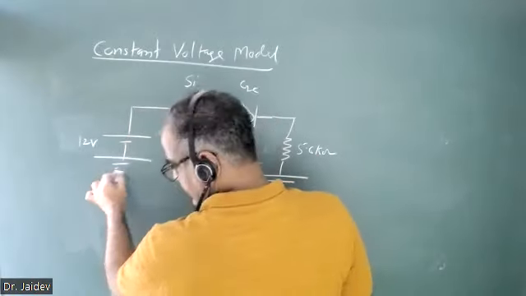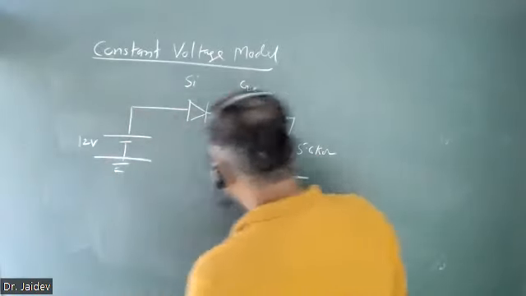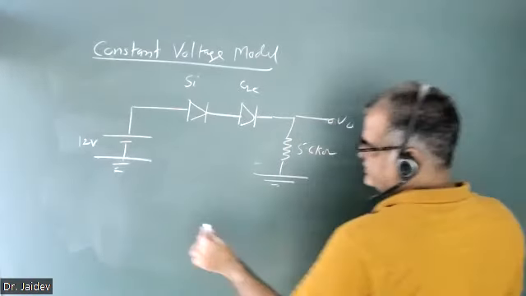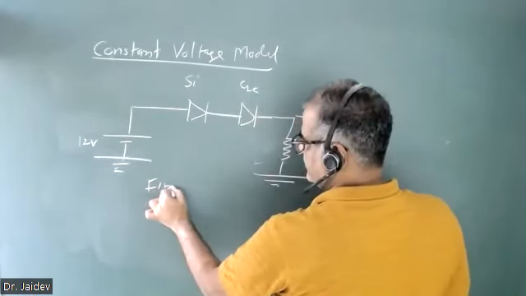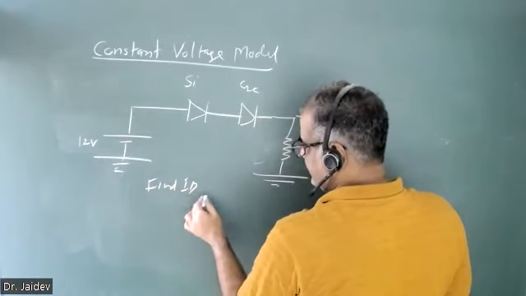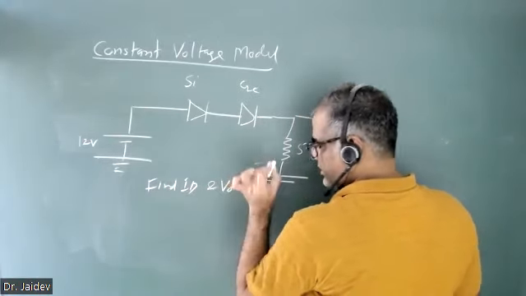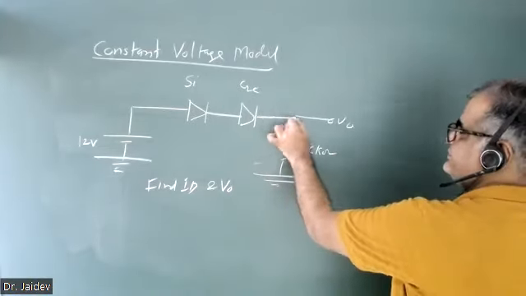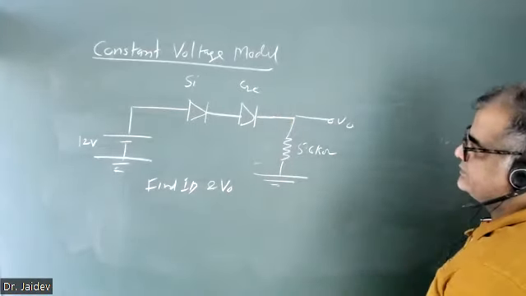So again, we are saying find ID and V naught. You have to find ID and V naught.